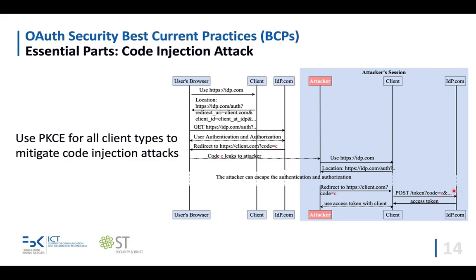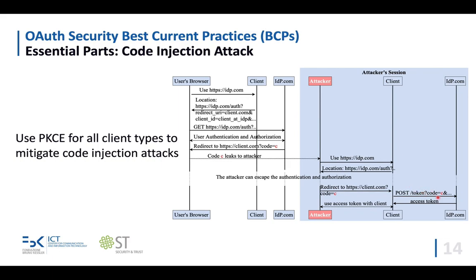So the IDP checks that the code was issued for that specific client, and then with the client secret, it will authenticate the client application. If all of the checks succeed, it will issue an access token. This access token now associates the attacker in his session, using the legitimate client, with the victim's resource or identity. So the problem here is that this code is bound only to the client identifier.